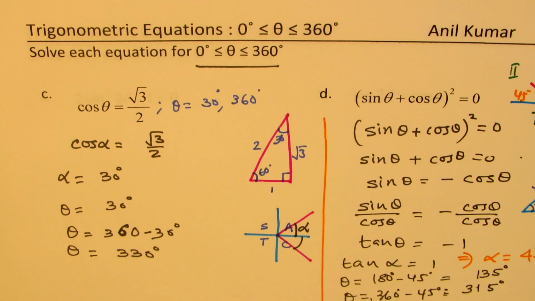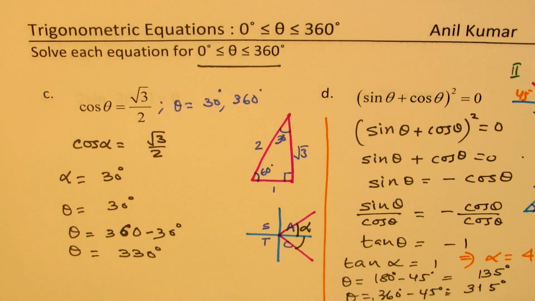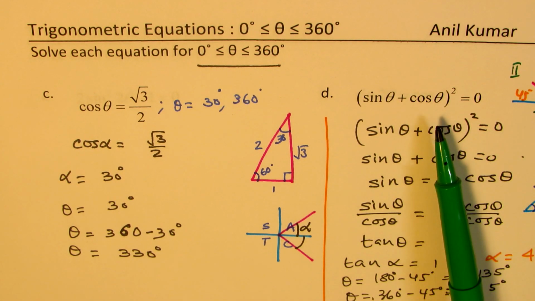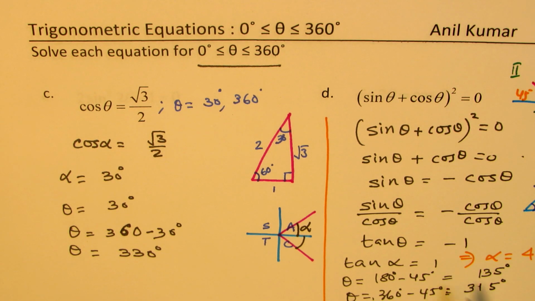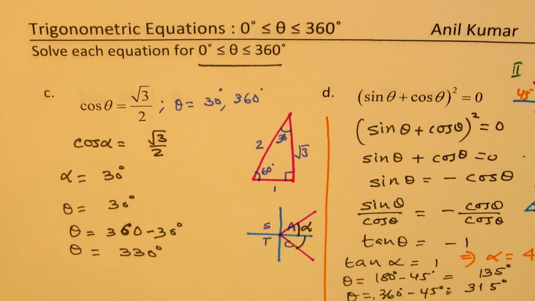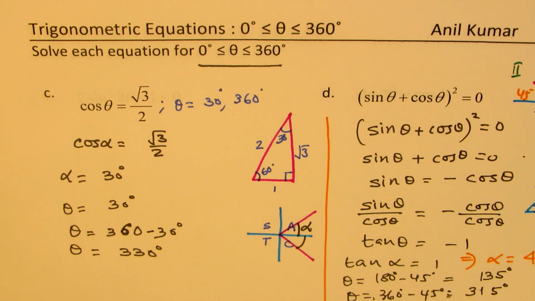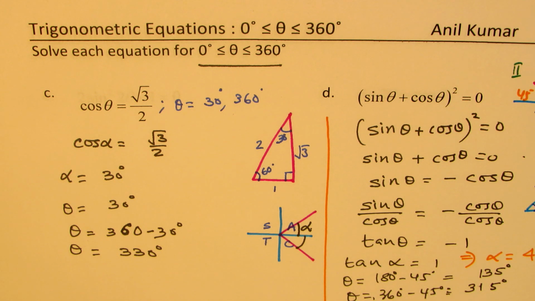So I hope you understand by now that whenever we're trying to solve these equations, we are looking into the quadrant first and then the special triangles to get the answer, correct? The idea is to find the acute angle first and then get the principal angle. Most of the time, when we are looking into the domain 0 to 360 degrees, we get two answers.